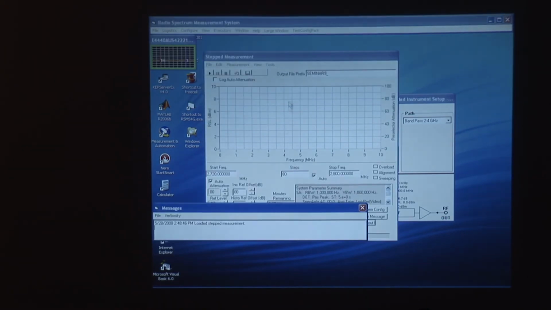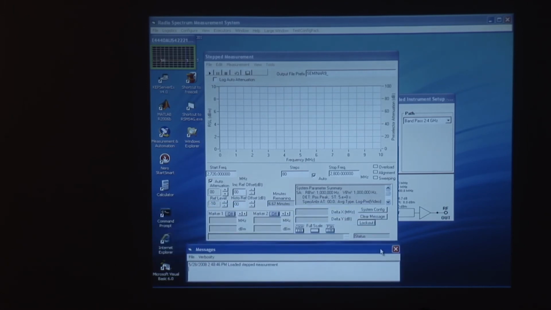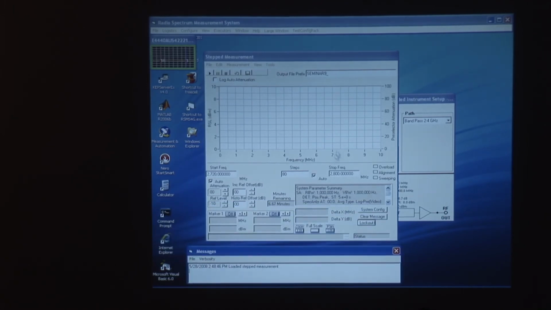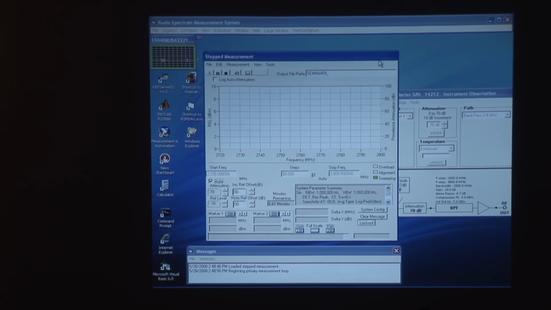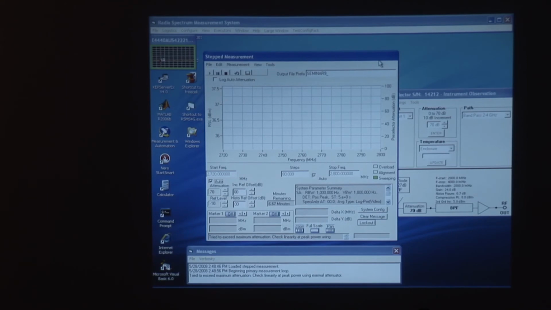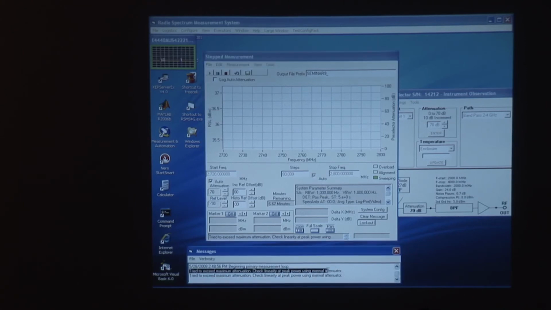Stepped. 2720 to 2800, 80 steps. Okay, I don't hear it switching the attenuator. Let's try to exceed maximum attenuation check whether your RP is using an extreme type attenuator.